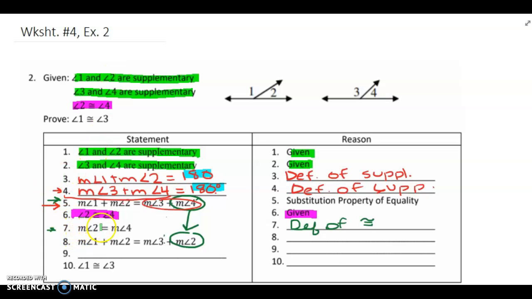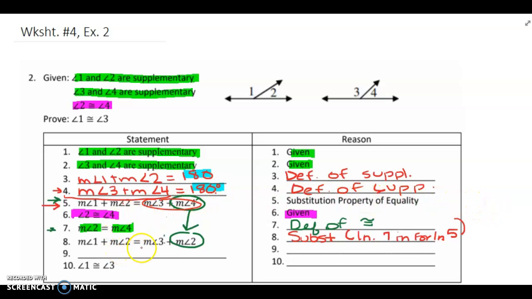Well, I can do it because the measure of angle 2 is equal to the measure of angle 4. So I'm going to say this is substitution. And then I'm going to say line 7 in for line 5.